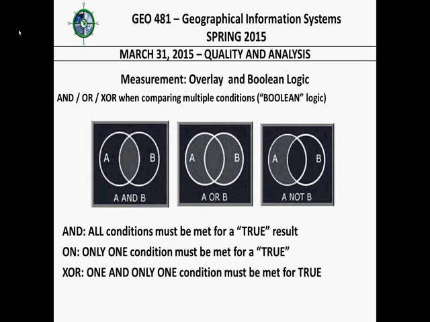And the different types of analyses will be different types of Boolean logic. The first example would be an intersect. Keep that in your mind when we talk about intersect in a bit. Intersect is an AND query. With an AND query, both conditions must be met for the statement to be true.